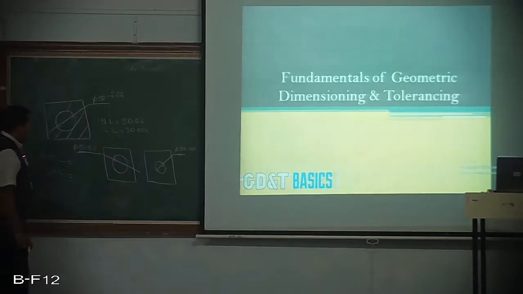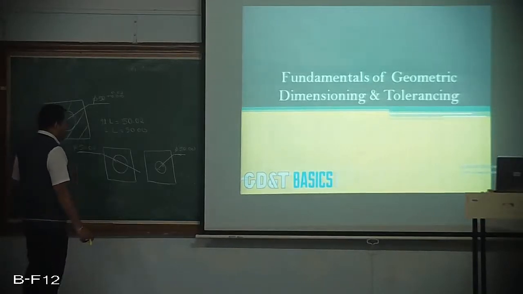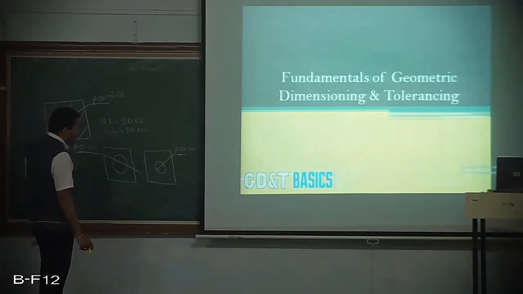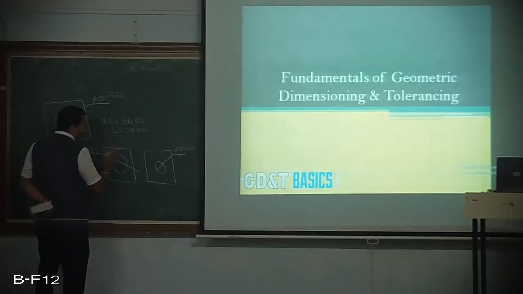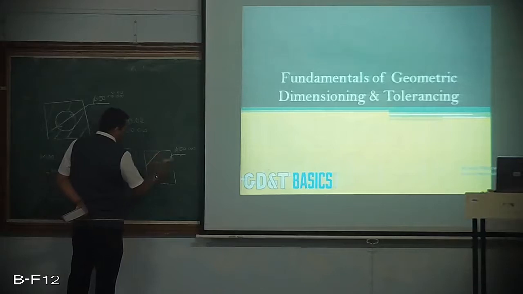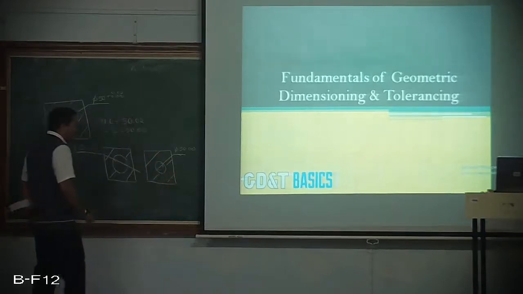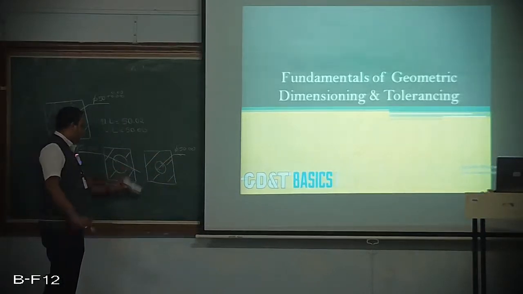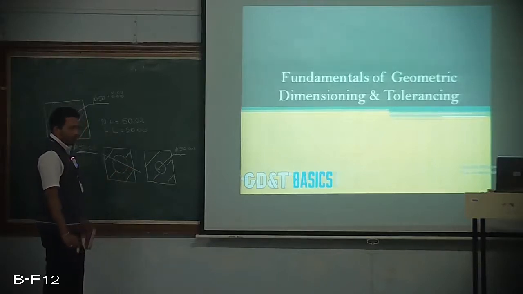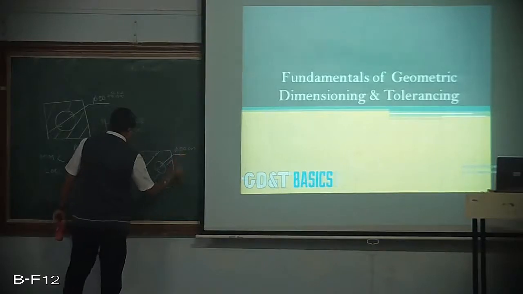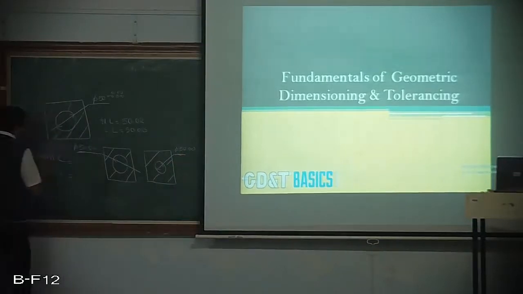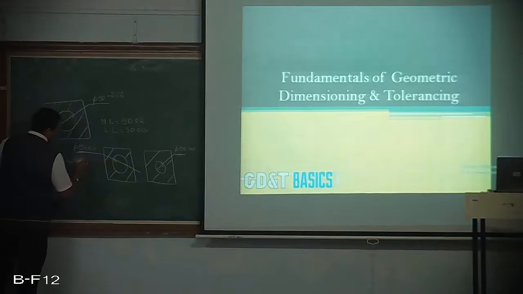Now I told you that maximum material condition corresponds to the limit which states that the amount of material left in the square plate is maximum. This is the amount of material left in this square plate, and this is the amount of material left in this one. In which condition is the amount of material left in the square plate maximum? In the second case, which corresponds to the lower limit, hence that will become the maximum material condition for the hole.